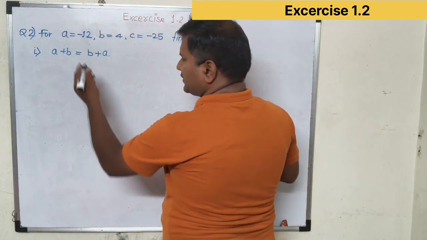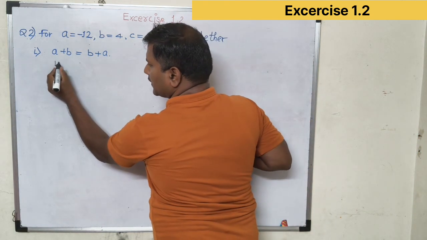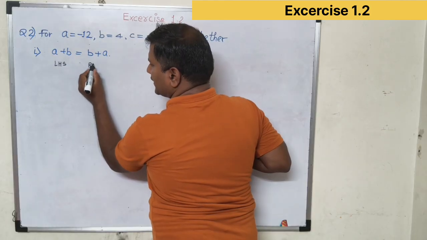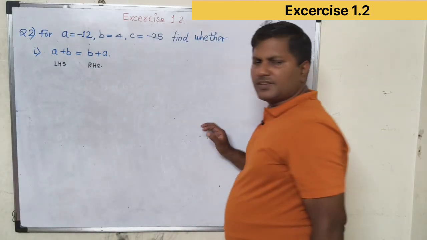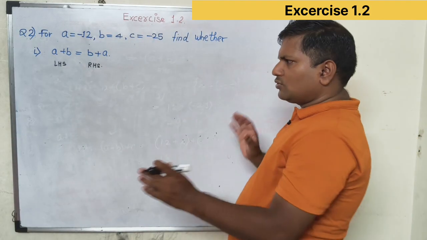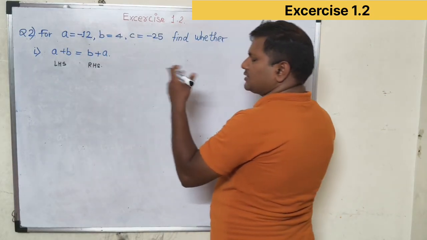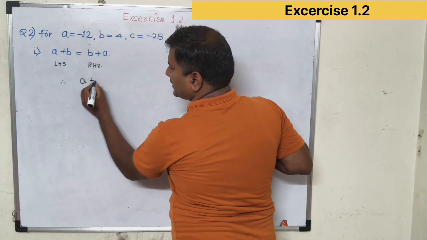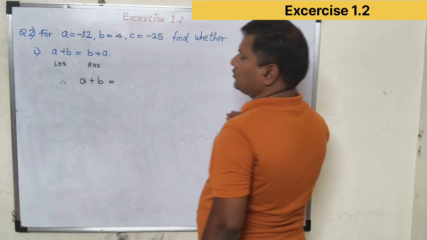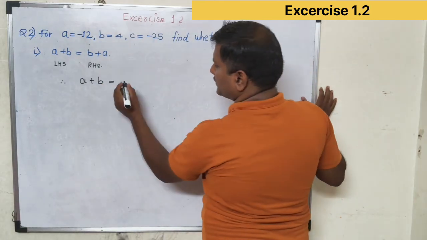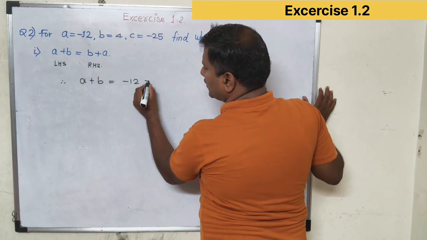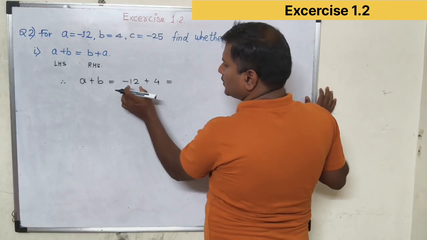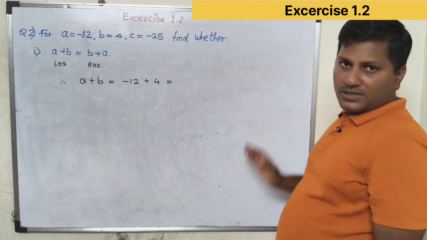Okay, let us consider these two. This is the left hand side and this is the right hand side. Both should match. So A plus B is equal to B plus A. Therefore left hand side A plus B is equal to, use the values: A is -12, B is 4, so it is -12 plus 4.